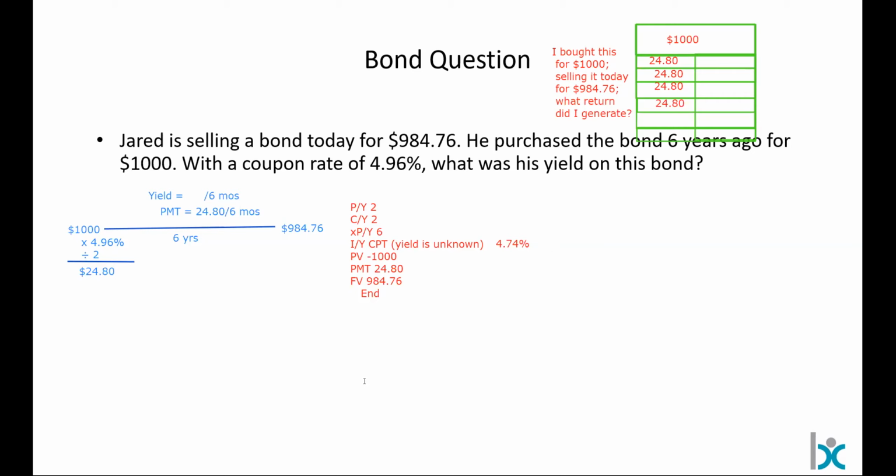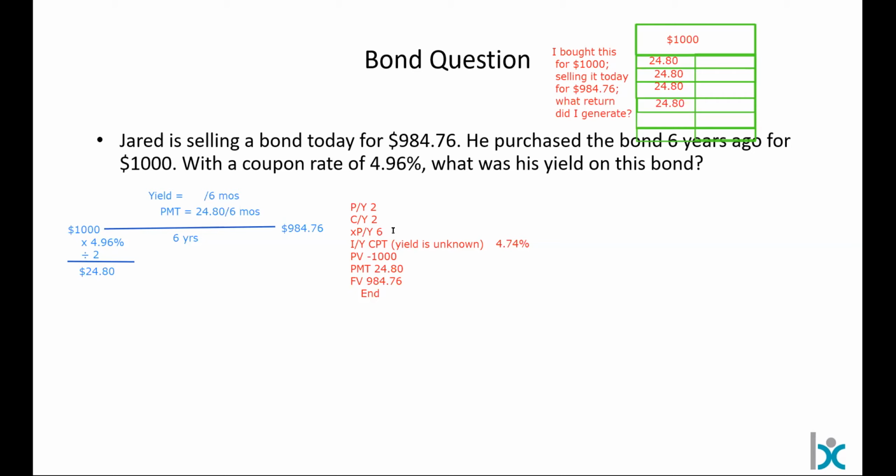Let's try begin mode. I don't think that's going to do it. No, that's not. It's going to get a higher rate, actually. Let's try both. You have to use both, right? Okay. Your N is 12. N is 12 here. Okay.